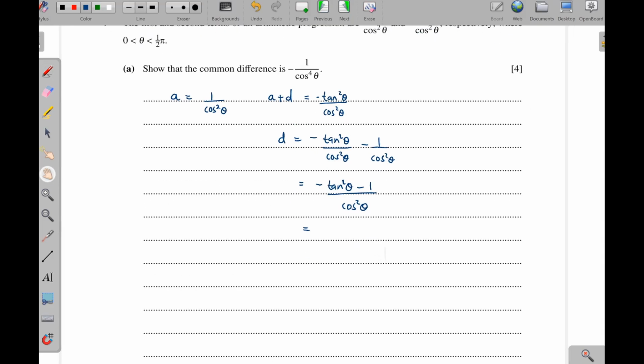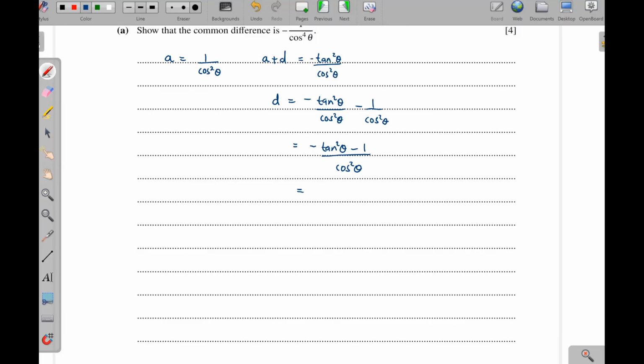Now, what next? Tan squared is the same as sine squared over cos squared also. So we shall have sine squared theta out of cos squared theta minus the 1 here, and then we have over cos squared theta.